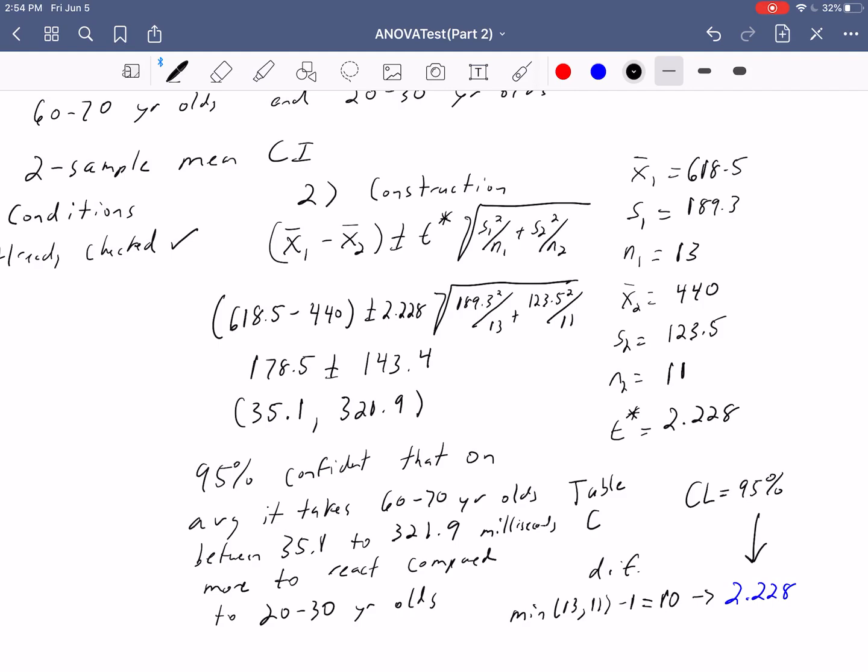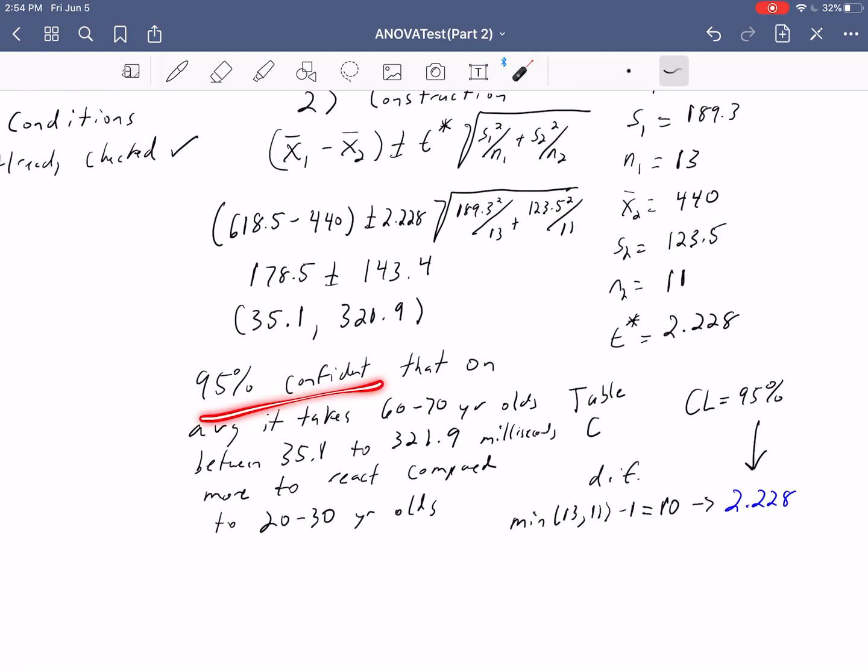So what we're saying here is we are 95% confident that on average, again, got to have that phrase on average now, because when we're working with quantitative data, we're always studying the average. So 95% confident that on average, it takes 60 to 70-year-olds between 35.1 to 321.9 milliseconds more to react compared to 20 to 30-year-olds.